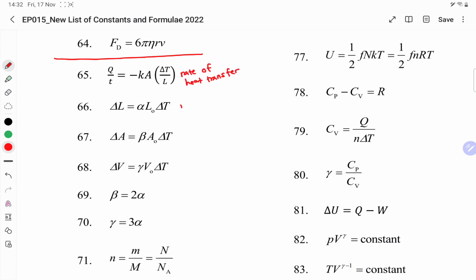Number 66 is the change in the length. 67, the change in the area. 68 is the change in the volume. To calculate the overflow, we can use this formula because we have the gamma, the coefficient of volume expansion.